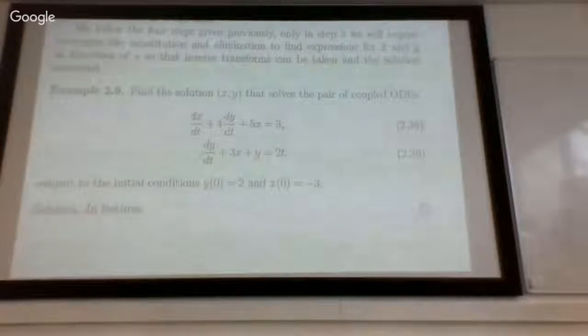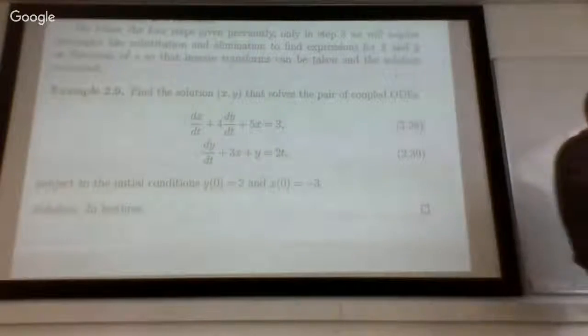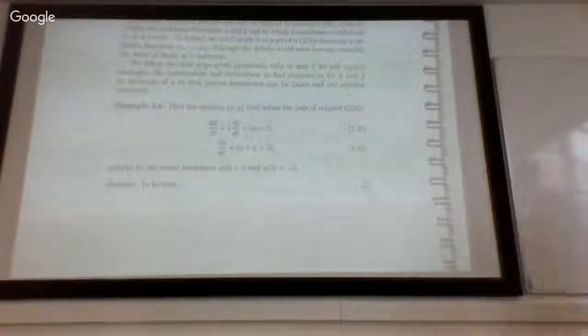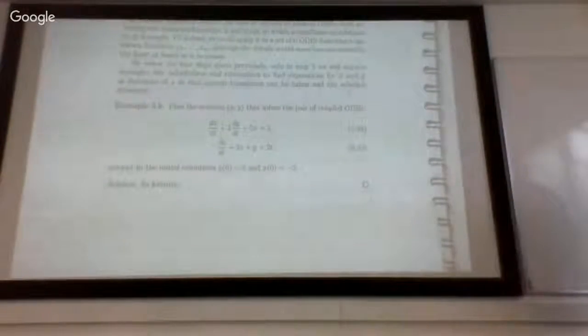Let's see how we can apply the Laplace transform method to this type of problem. Now it's more complicated than the previous examples because it's 2 simultaneous equations. But really, if we keep our eyes straight, it's still following those same 4 steps we've just outlined.